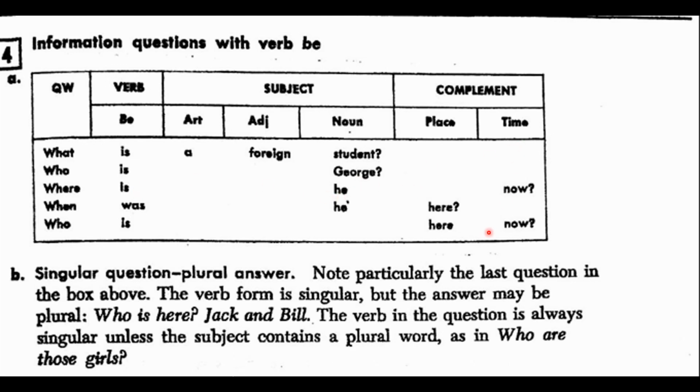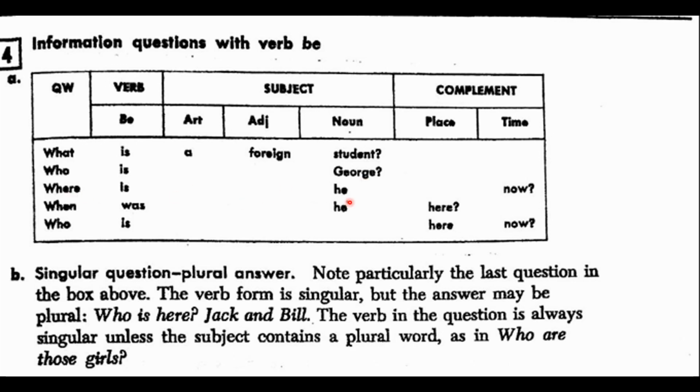Then the complement, which consists of place and time, here, now. So what is a foreign student? What is the question word, followed by verb be, and the subject, a foreign student. There is no complement. Who is George? Who is the question word, is the verb be, and George is the noun.